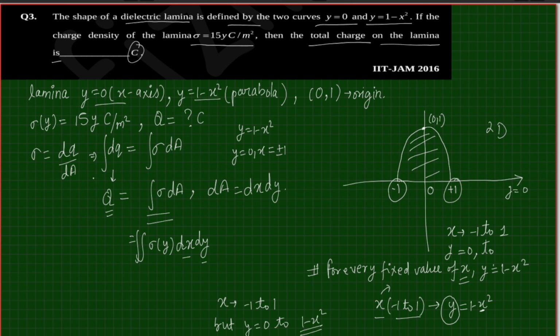After putting this x value, this will give me the y value, which is going to be the upper limit. So I can write this integral: q equals the integral of 0 to 1 minus x square, minus 1 to 1, sigma y is 15y dx dy. So I have to solve this integral.